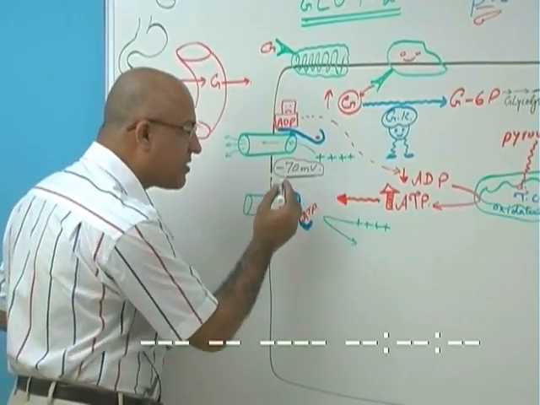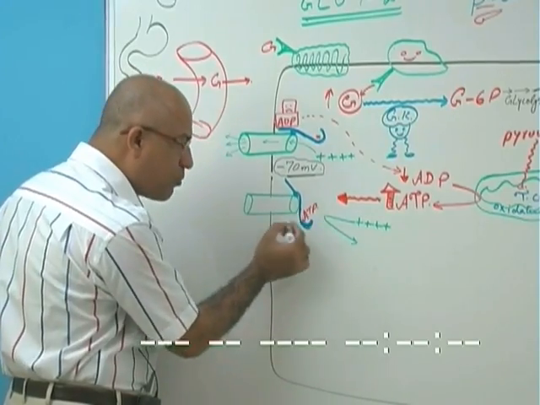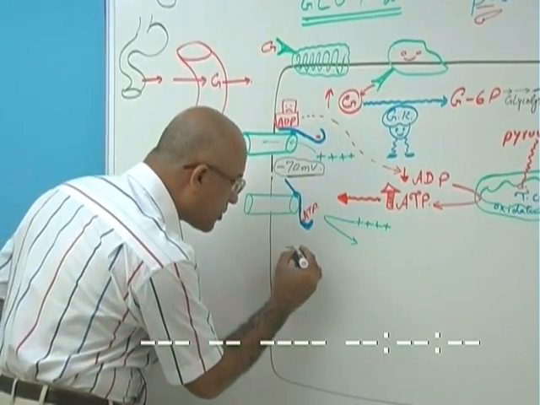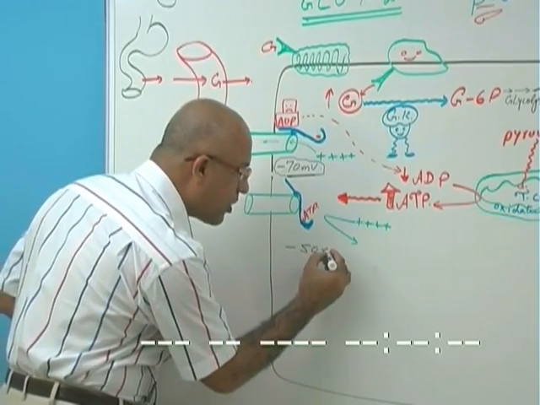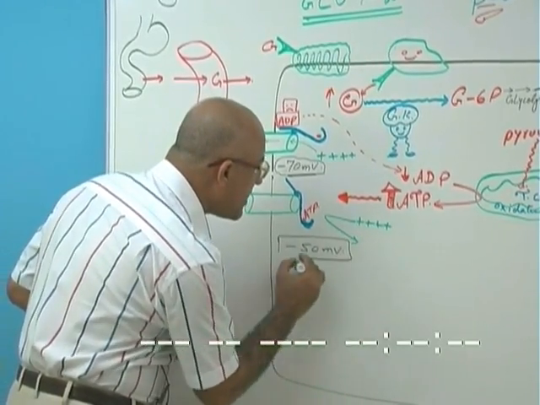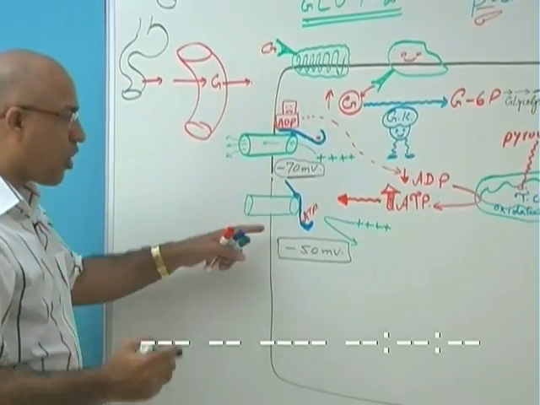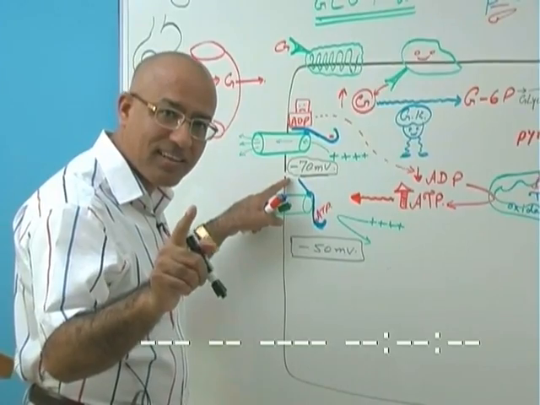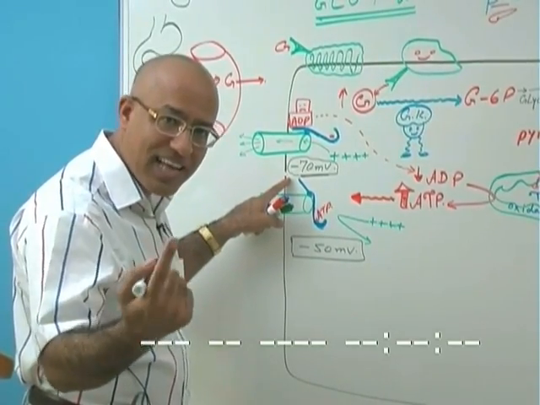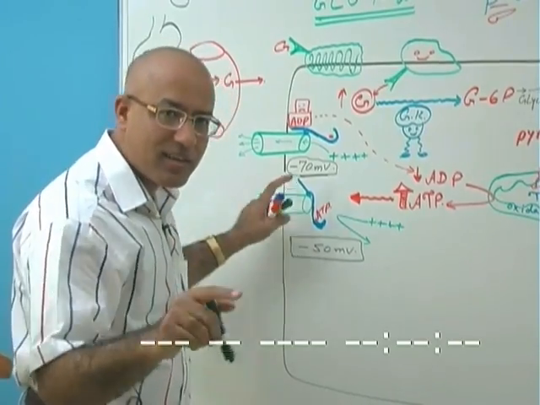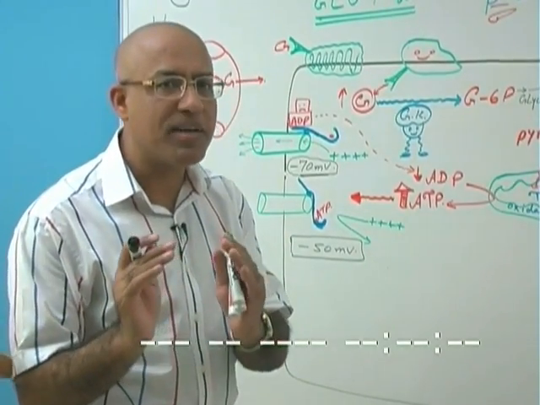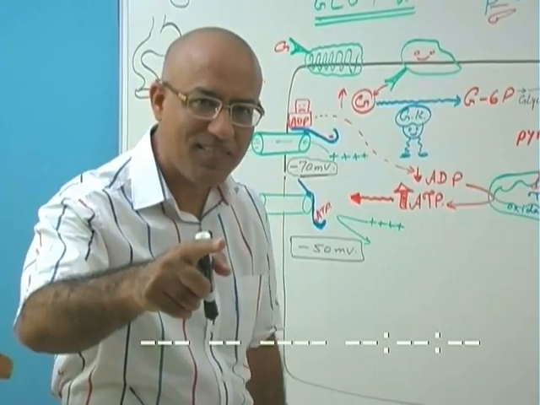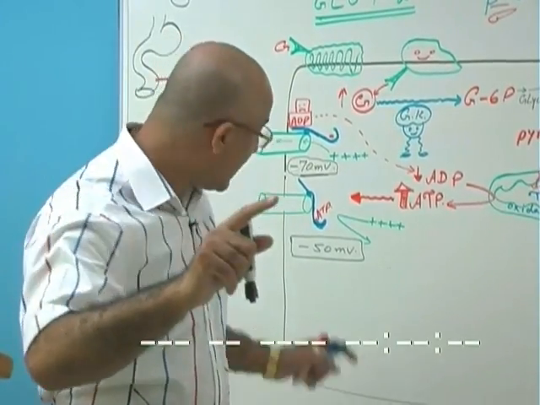Rather than minus 70, after this blockage of the channel, it becomes, let's suppose, minus 50 millivolt. It means the membrane has lost some of its negative polarity, or we can say the membrane is depolarized.